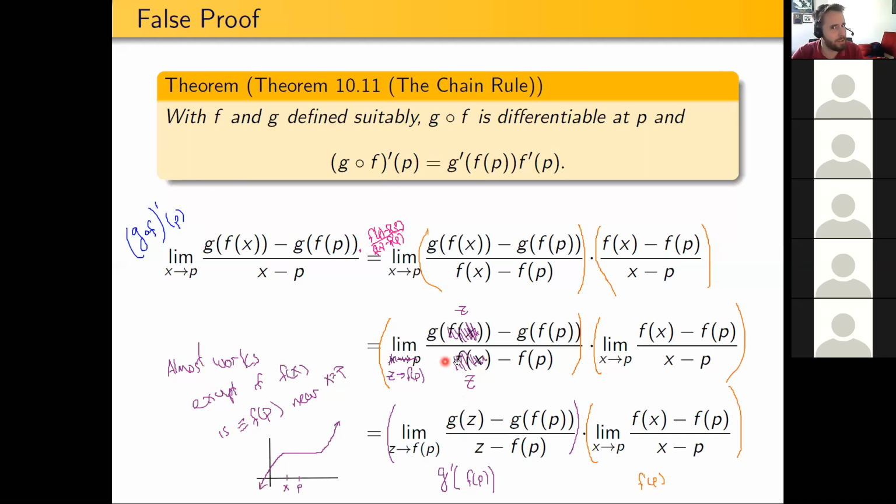In fact, it's a little iffy that I can actually divide by f of x minus f of p to begin with. Or in other words, if there's a long stretch in my function f where f of x is equal to f of p, then this quantity isn't really well defined at all. So there is something not quite right going on here, something technical at play, and it has to do with this possible function.